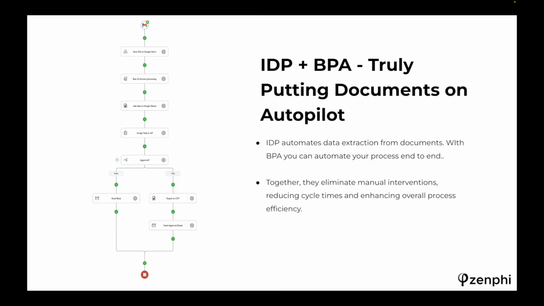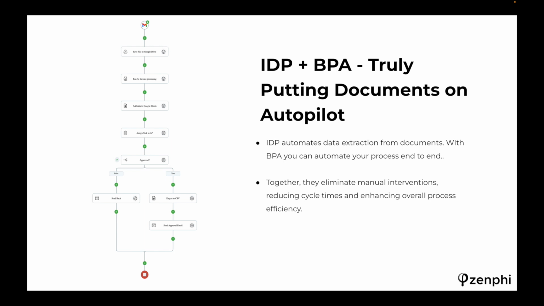So, as I mentioned, the way we look at it, Zenphi is a business process automation platform, and we believe IDP is just one part of your automation. As I mentioned, steps need to happen before extracting information from the document and after extracting information from the document. And at some point you need to bring a human into the loop to review the information or handle those exception cases.